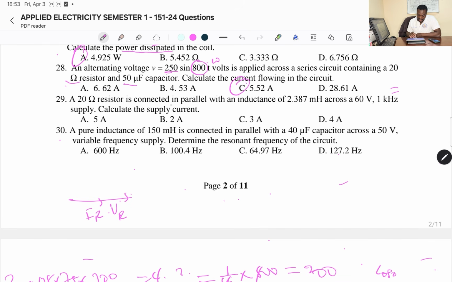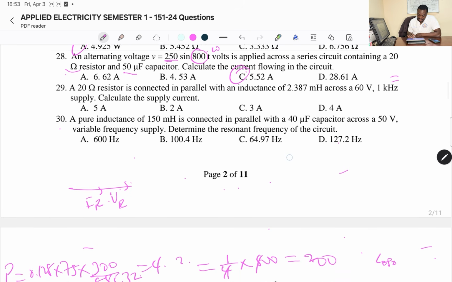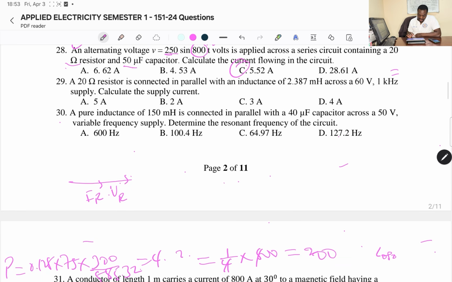When it comes to the inductor, the current lags the voltage, so I can have the current here, IL, and the voltage, which is the same as the voltage across the resistor, because they are in parallel. So the voltage is common.